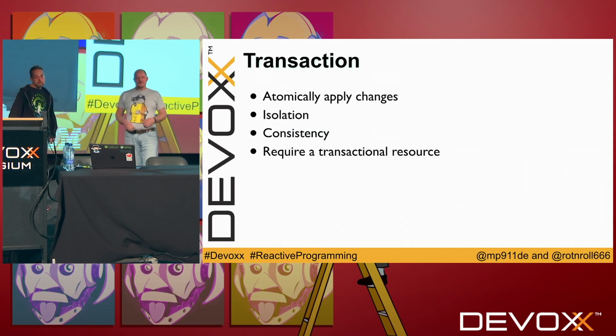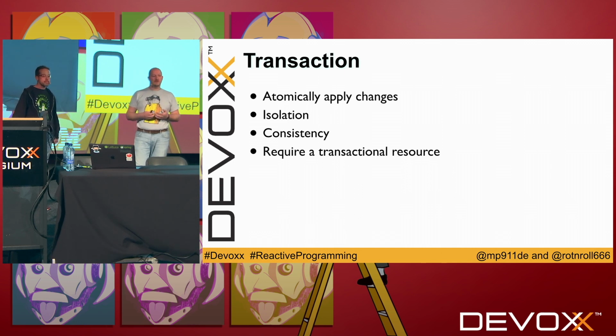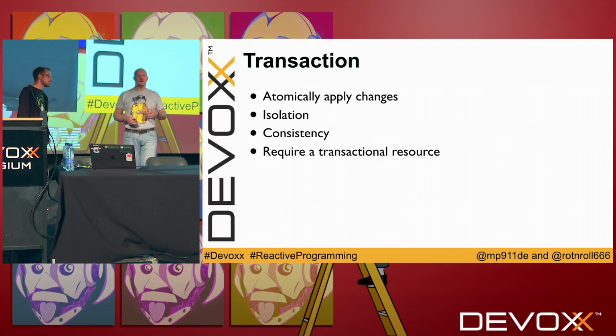Now, transactions are all about a couple of things. So we want to ensure atomicity. So either everything gets applied or nothing gets applied. We do not want to have a state which is inconsistent because we did only apply half of the work. This is the state that we want to avoid. What we also want to achieve is that we isolate all the remaining participants in a transactional world from each other.